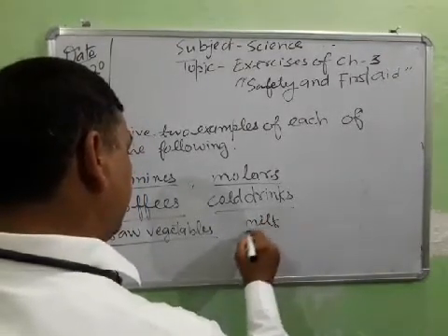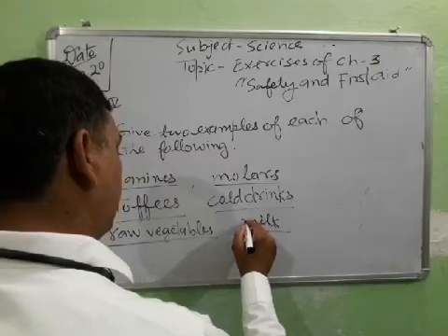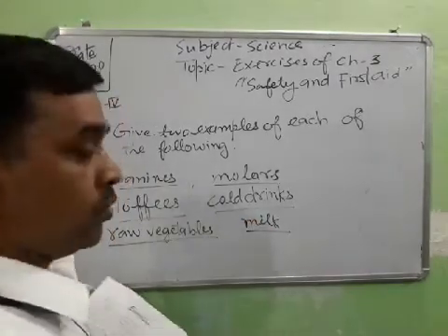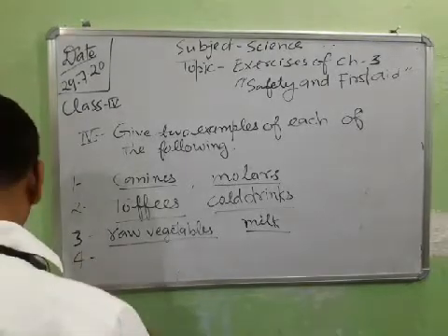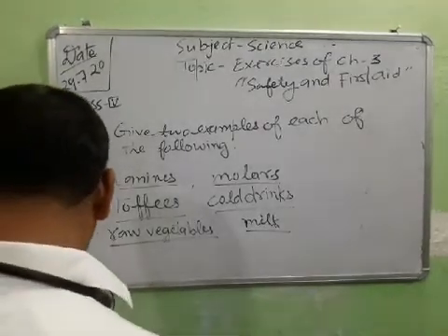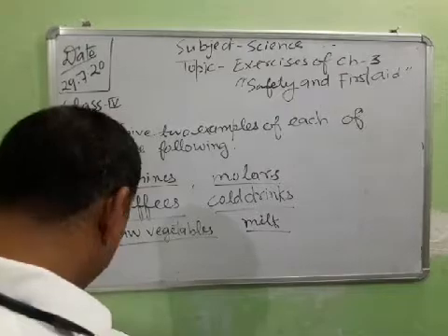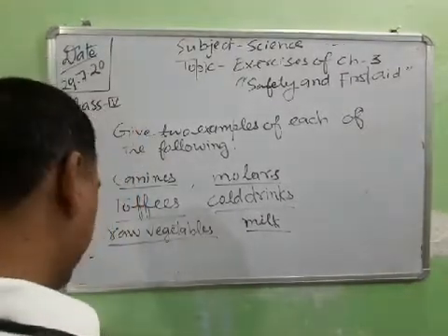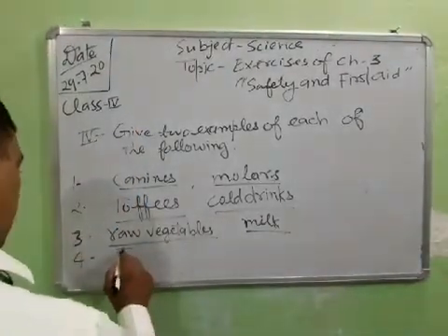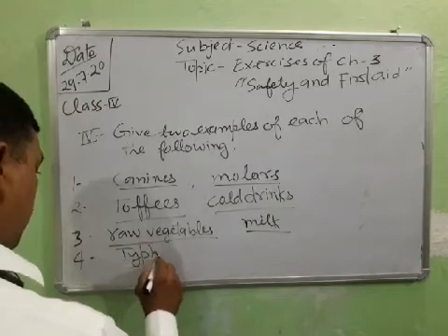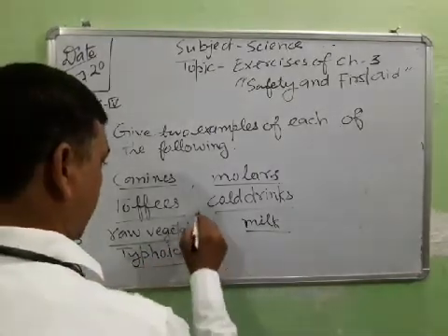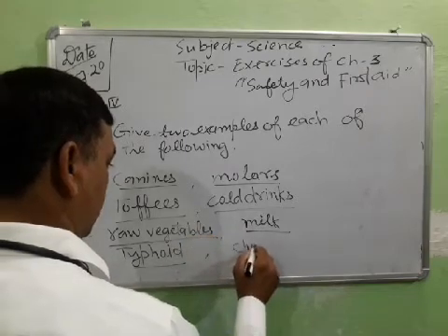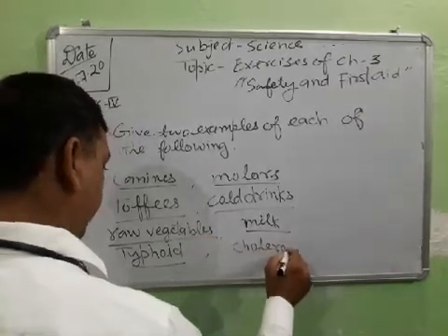Milk contains calcium, which makes your bones healthy, teeth healthy, gums healthy. 4: diseases caused by bacteria. Write any 2 diseases: typhoid and cholera.